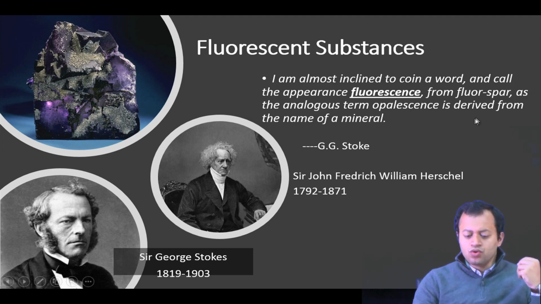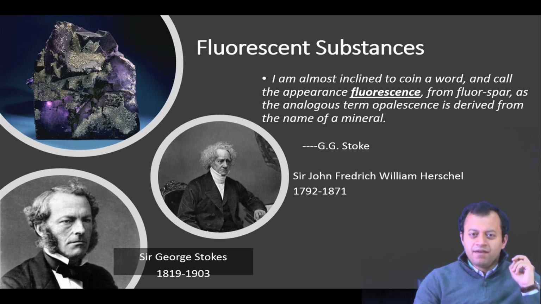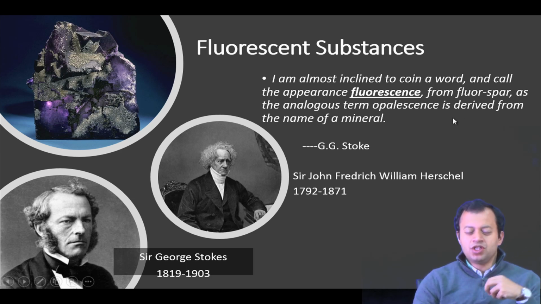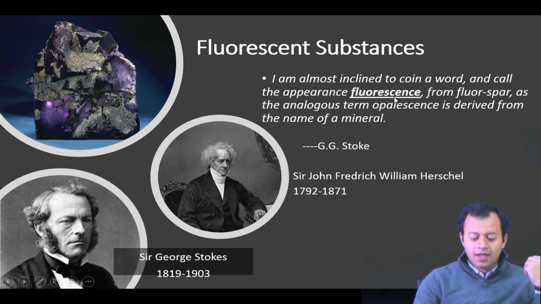So, Sir George Stokes thought that since the mineral is fluorospar, fluorite, and since it emits light, albeit for a very, very small duration compared to opals or phosphorus, let us name it fluorescence. This happens to be Sir George Stokes.